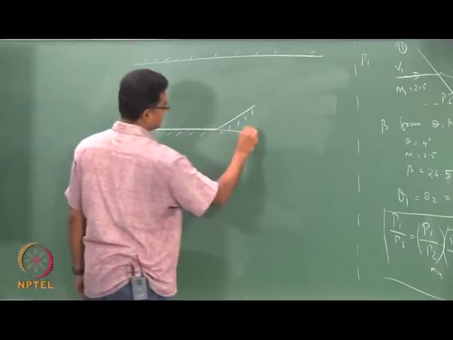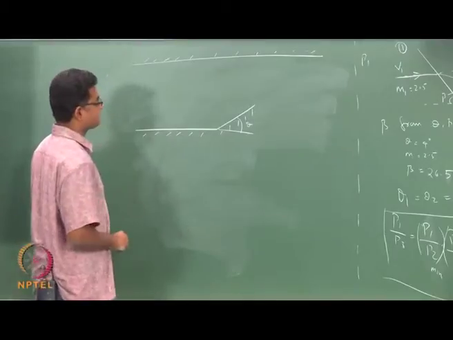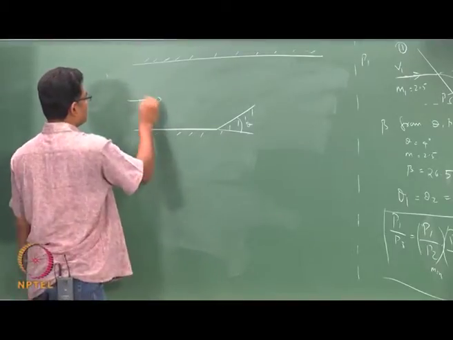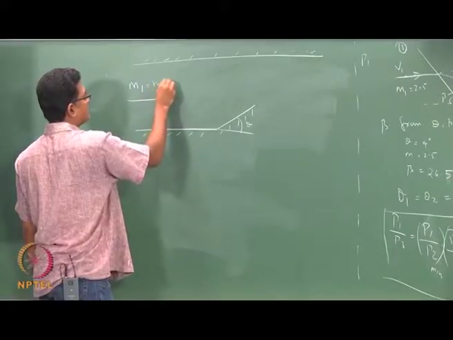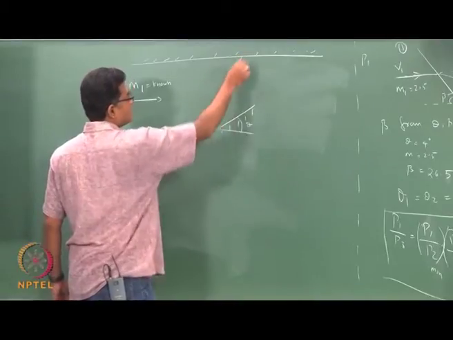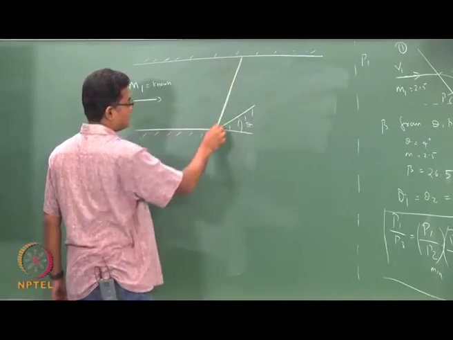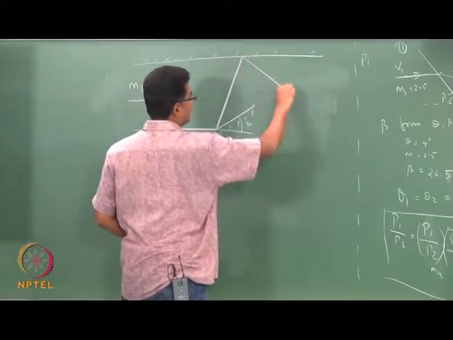So, this is by some theta. So, I know my M1. So, it creates a shock, an oblique shock. It goes and hits the top wall, and it reflects.